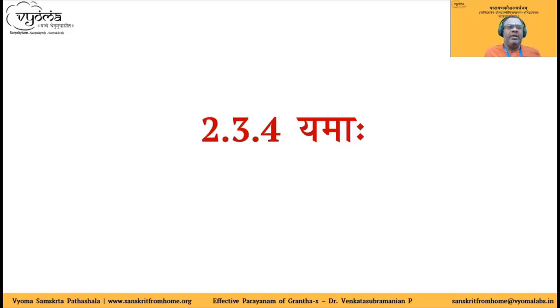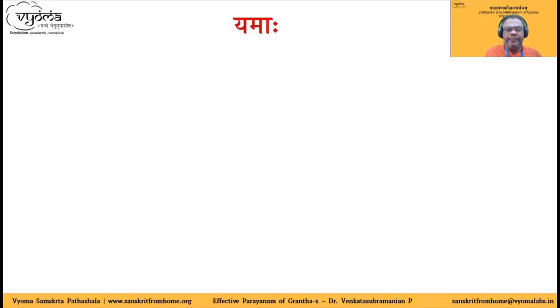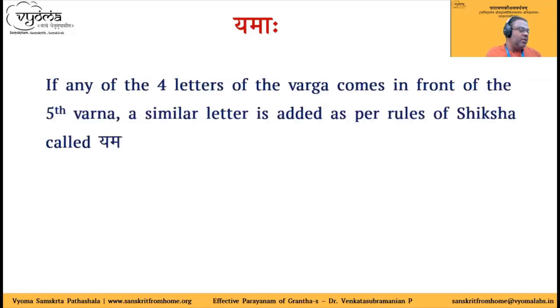The last thing that we have to know is yamaha. We don't come across these kinds of yamas in Ramayana or Bhagavata, only in Vedas. If any of the four letters of a varga comes in front of the fifth varna, a similar letter is added as per the rules of Shiksha Shastra, phonetics, called yama.